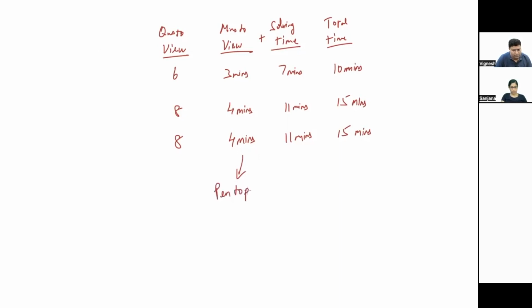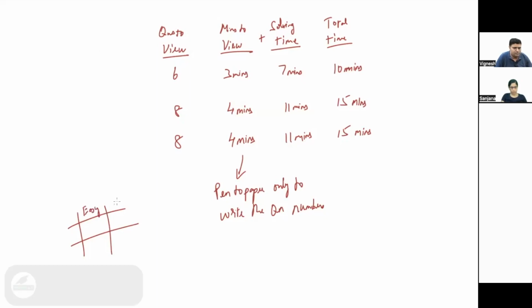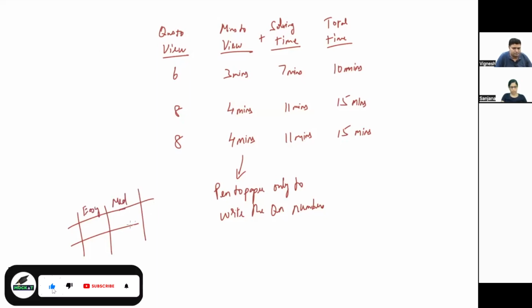Pen to paper, only to write the question numbers. In the sense, say attempt, or in your opinion, easy, medium, hard.